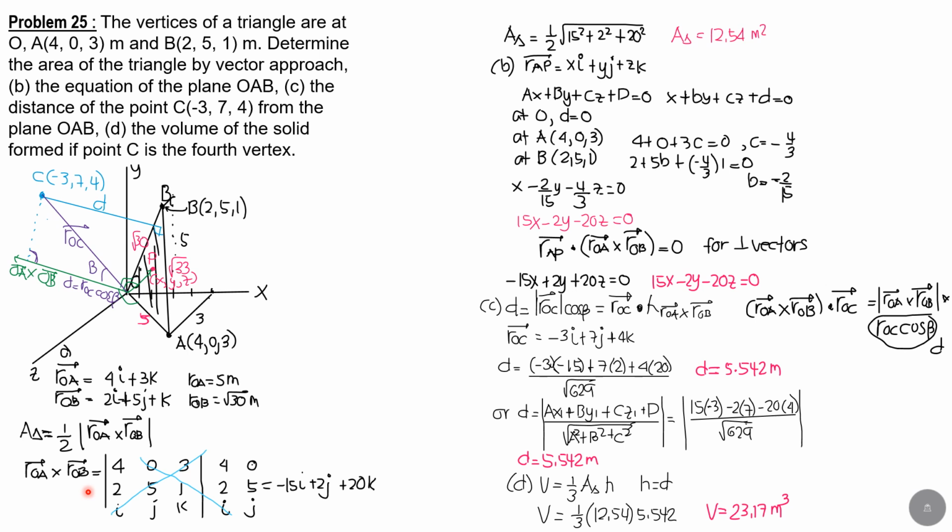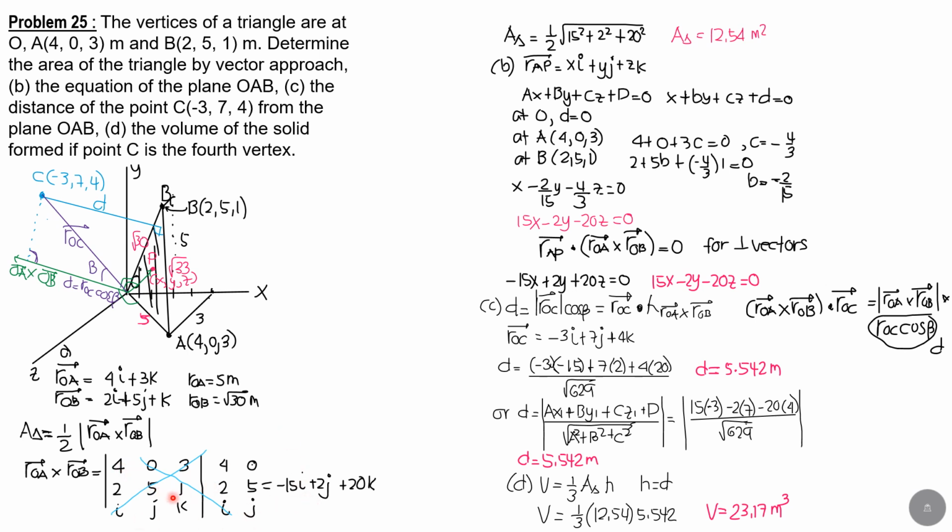So r sub OA cross r sub OB, let's find this first. OA (4, 0, 3), OB (2, 5, 1). Then unit vectors, copy the first two column elements, expand. So 0i minus 15, so negative 15i. 6j minus 4, so 2j.